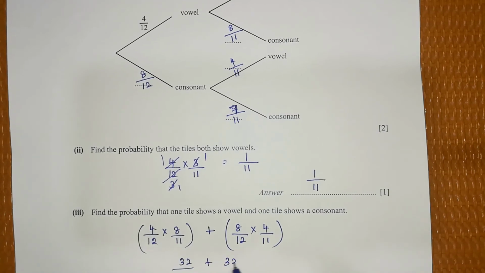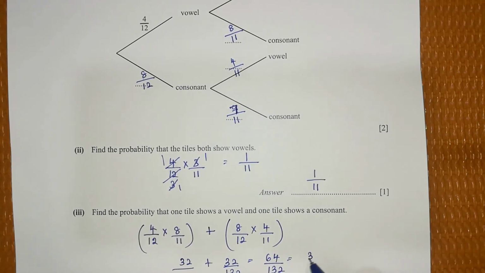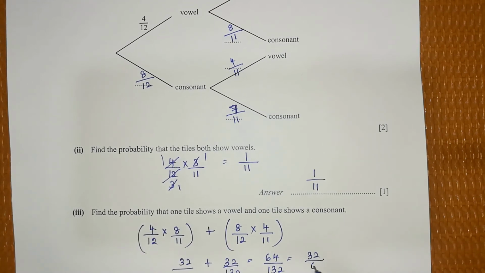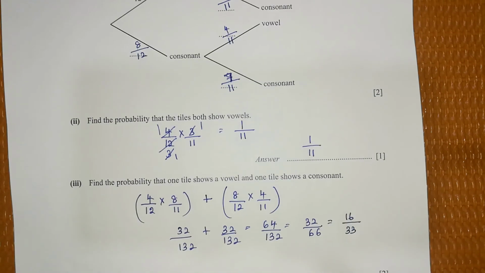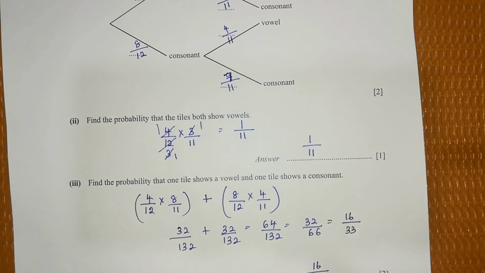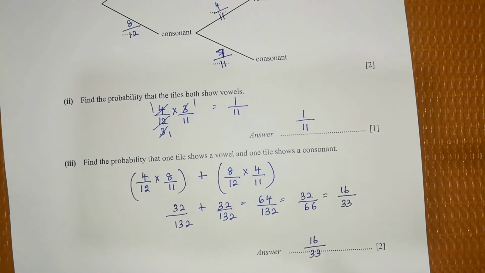Again 32 upon 132, which is 64 upon 132 and 32 upon 66. That simplifies further to 16 upon 33. So our final answer is 16 upon 33.